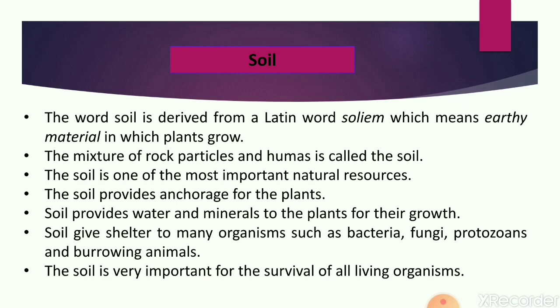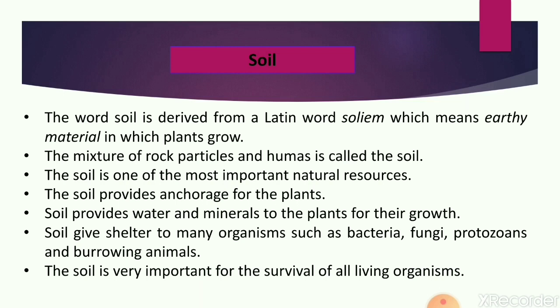Solium means earthy material, which is present on the earth in which plants grow. So soil means the upper layer of earth crust, or it is a mixture of rock particles and humus. The thickness of soil on earth's surface varies from a few millimeters to 3 to 4 meters.